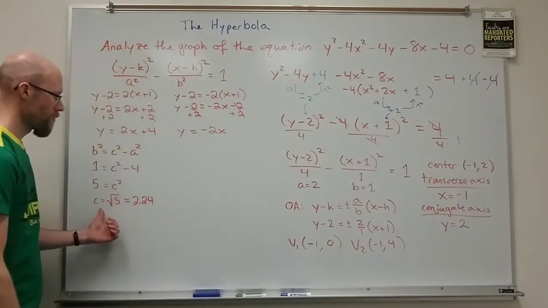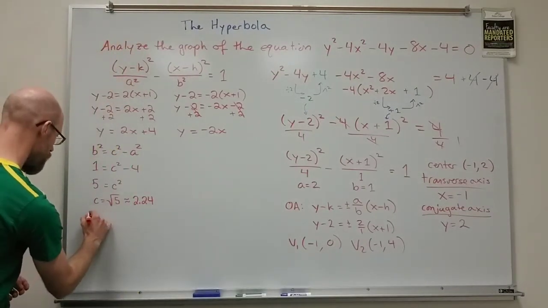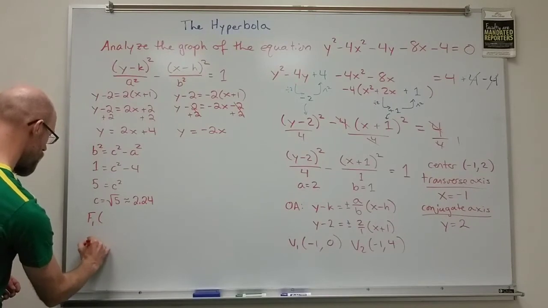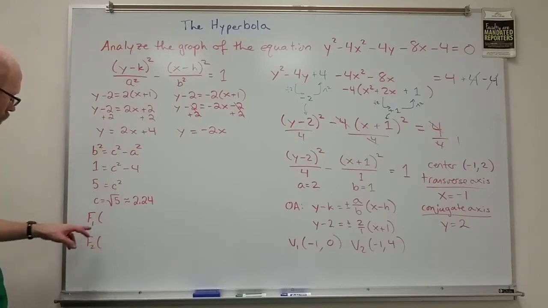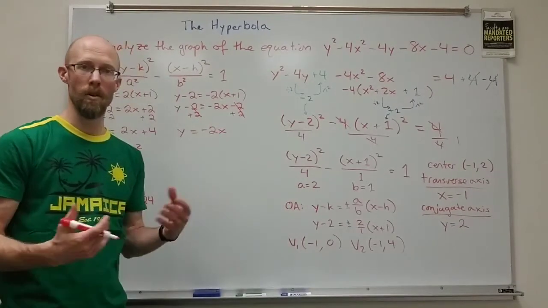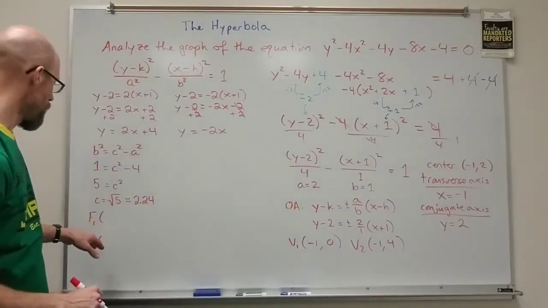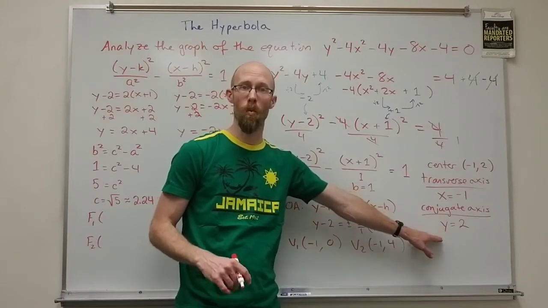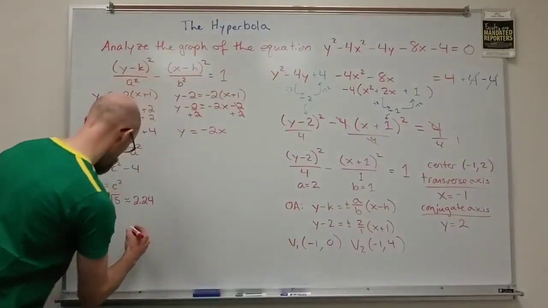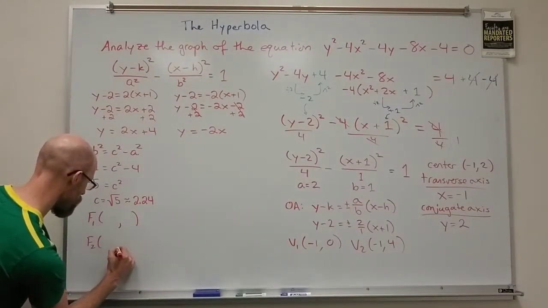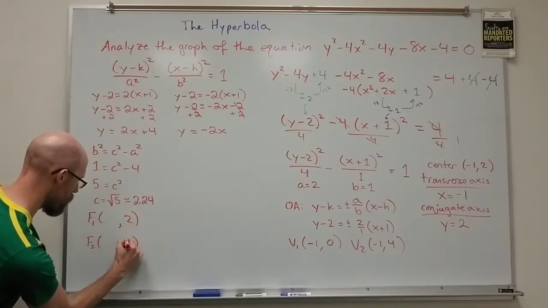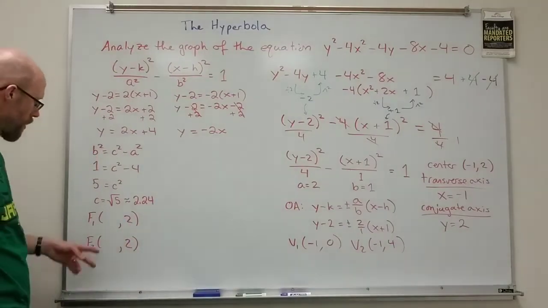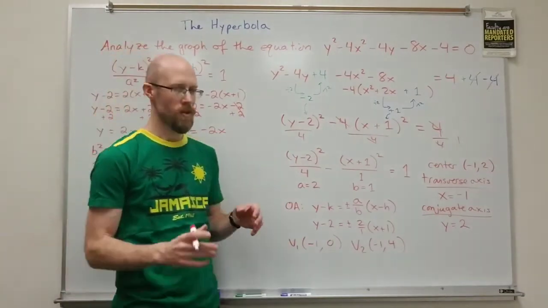Okay, so that tells me that the foci, focus 1 and focus 2, well, focus 1, I'll go with the lower value. They're going to be on the conjugate axis, which means that their y value is fixed at 2. So on both of these points, they're going to have a 2 in the y coordinate. The x coordinate then is going to be shifted.